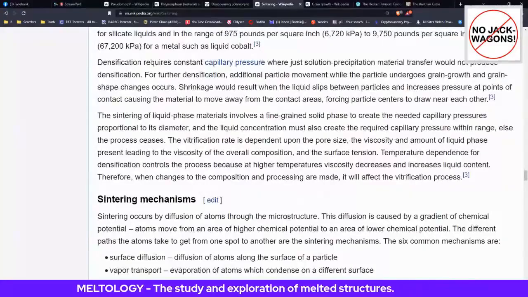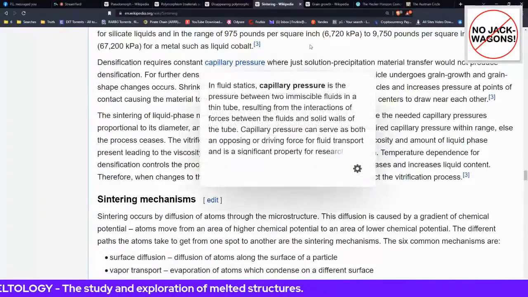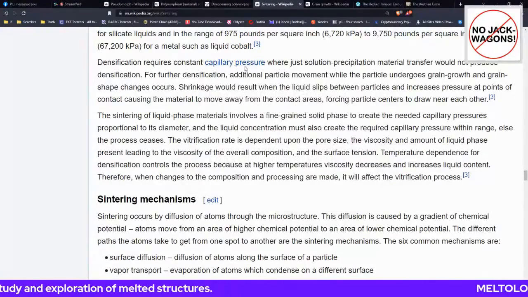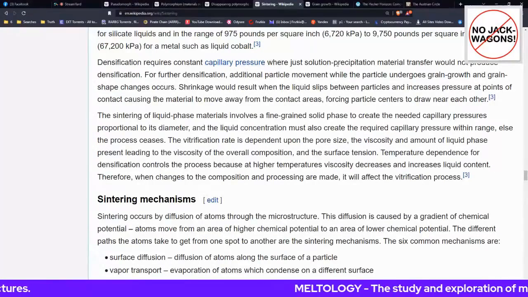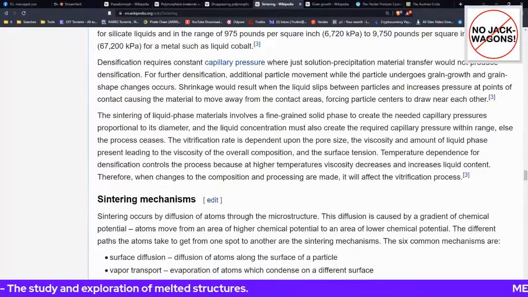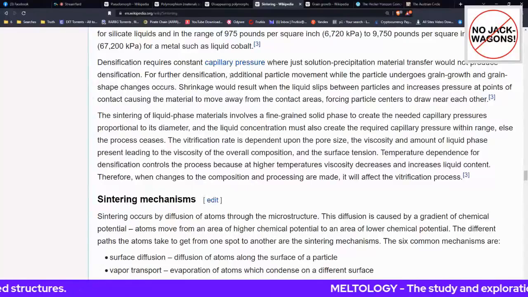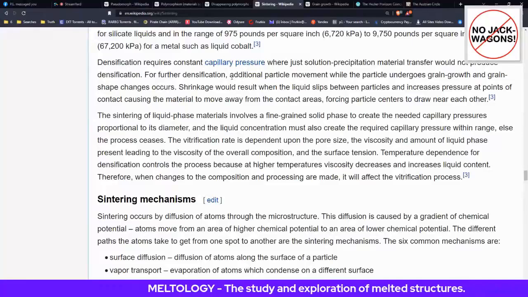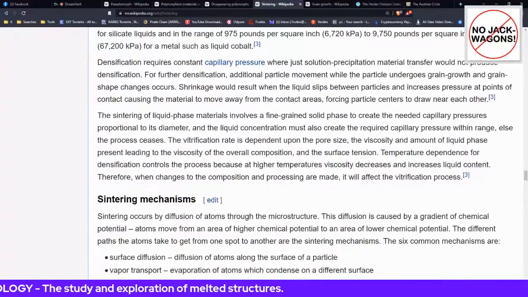Then this is the identification of the capillary pressure. Capillary just means on top of the structure. Mm-hmm. So you can have only the densification of the contour of it, like we say a rock curtain or something that just made a layer on top of something.